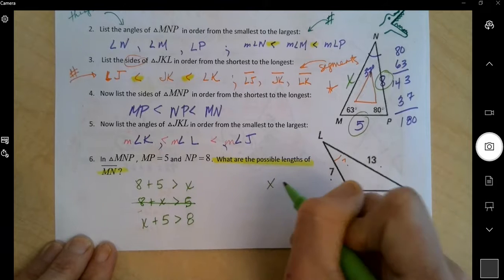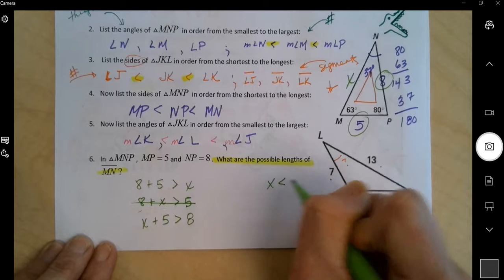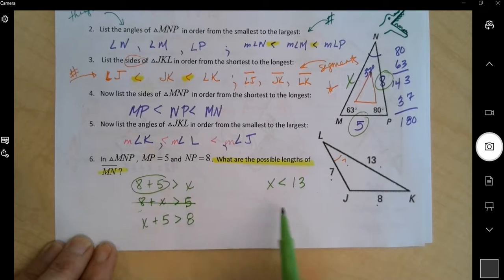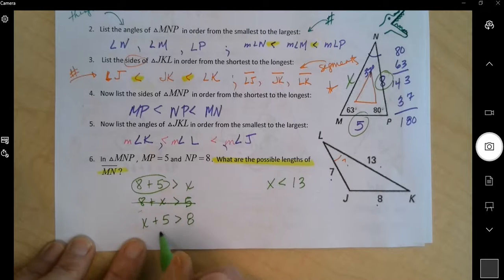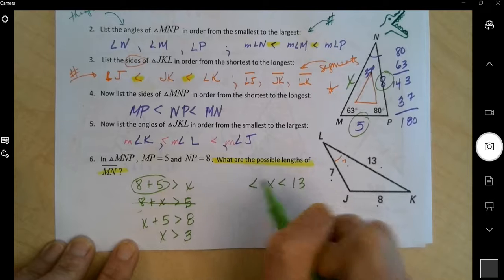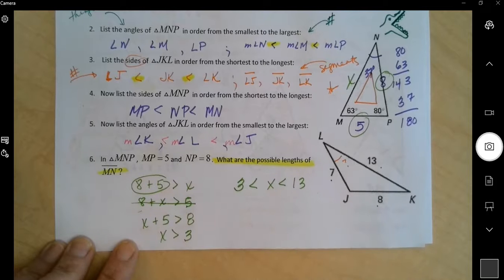This means that X has to be smaller than 13. When I add these two together, X has to be smaller than 13. When I solve for this inequality, X has to be greater than 3.